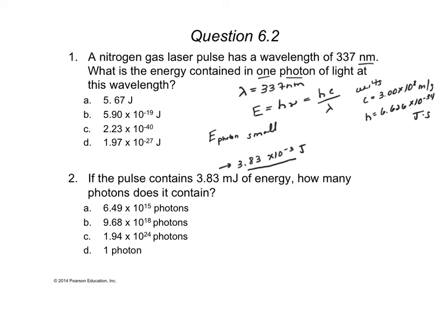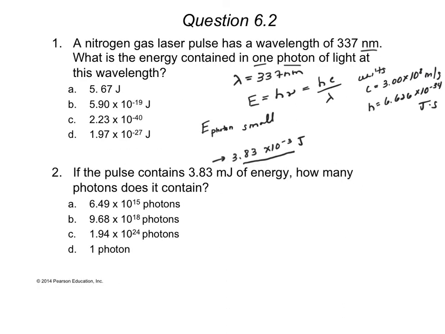That's the energy of one photon. What we're asking is how many photons are going to be in this amount of energy. So if we get a tiny number for one photon, then how many photons will go into this? That's going to give you the overall number of photons, if that makes sense.